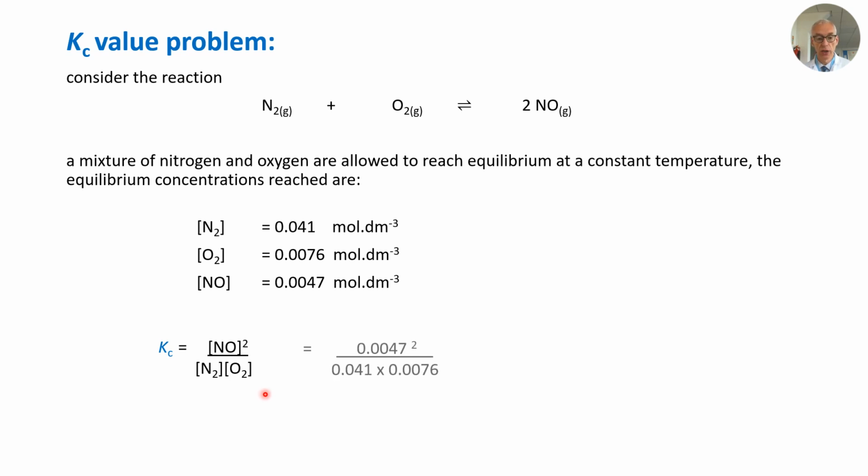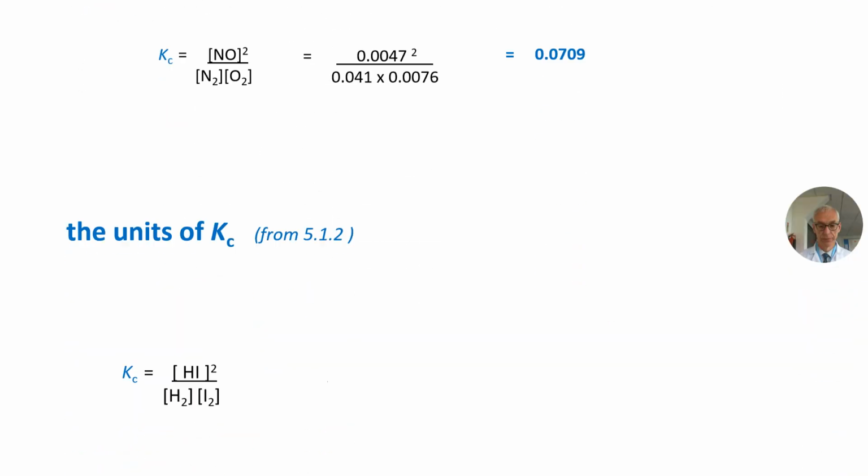All I need to do is plug in the numbers, making sure I do that without making an error, and then solve numerically. 0.0709. Now you may wonder what the units are. We'll come back to that on the next slide.